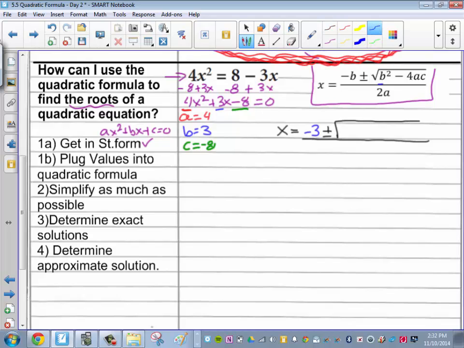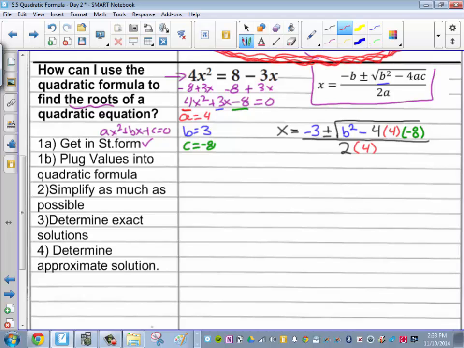So I got b squared minus 4 times my a, which is 4, times my c, which is, what was my c again? Oh, negative 8. And that is all over 2 times my a, which is 4.